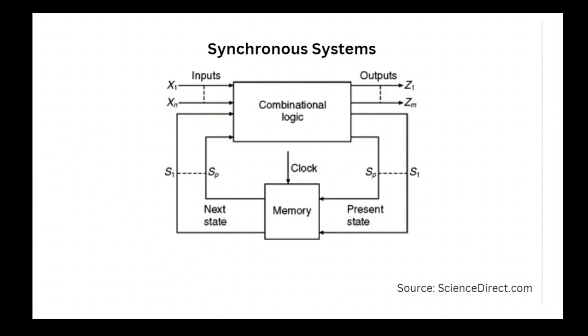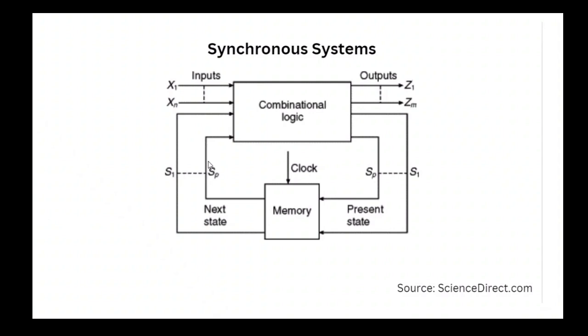As you can see in this diagram, a synchronous system typically has a register and some logic that decides the next state. This system operates with a clock signal, making it a sequential system.